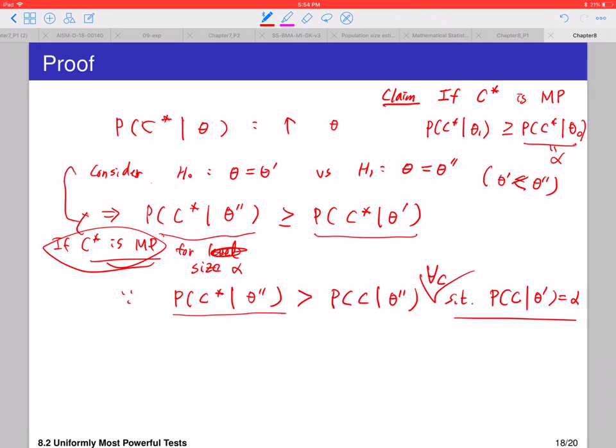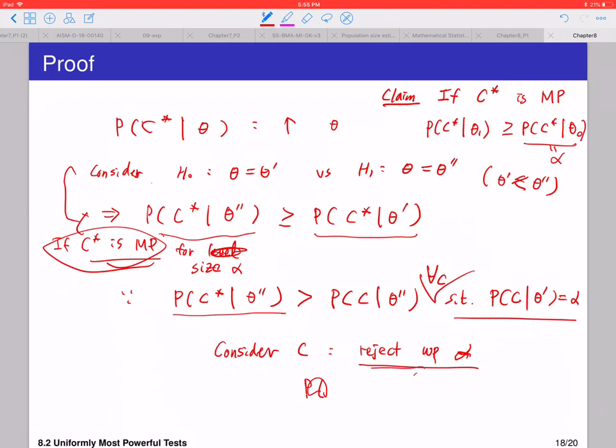So if you consider one example, a trivial test that rejects with probability alpha. I don't care what data comes; I just ignore the data and reject with this probability.